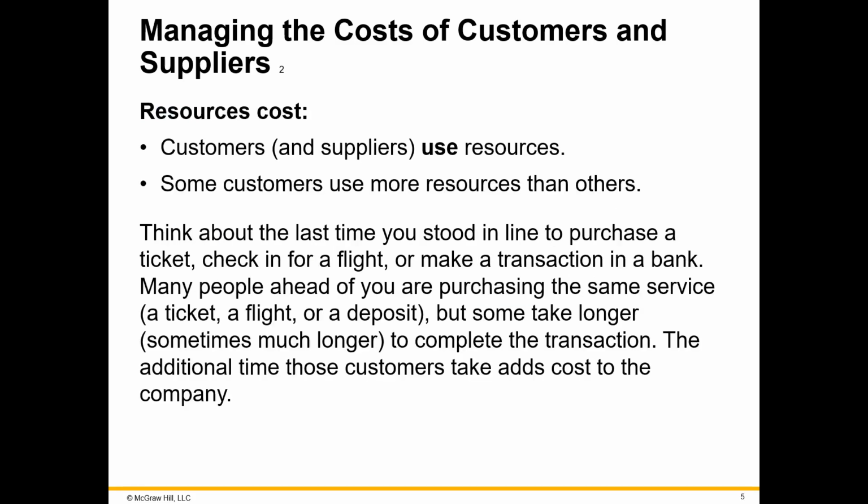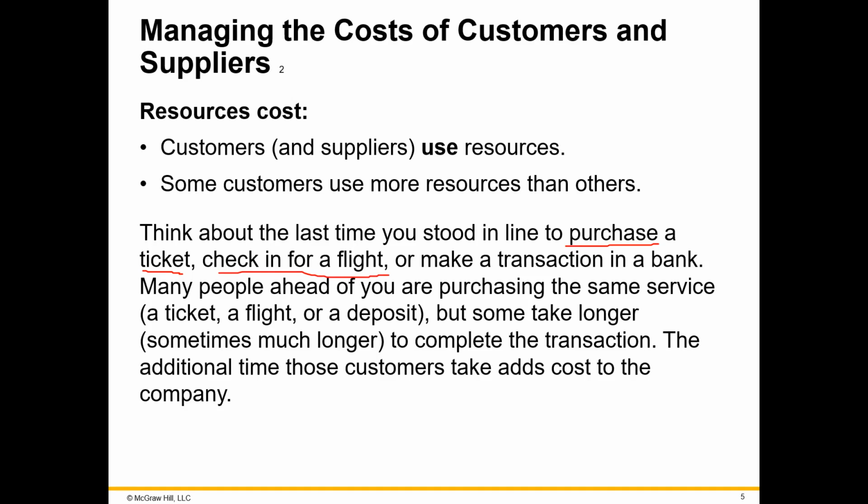Common sense tells us that customers use some of the company's resources. Examples that this slide gives are when a customer has to purchase a ticket. You're going to have a ticket seller or some sort of clerk to record the transaction. When you check in for a flight, you're going to have the people at the ticket counter or the baggage counter helping you check in.